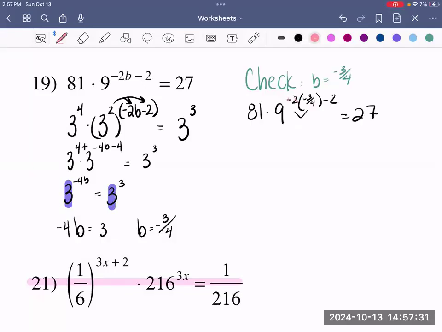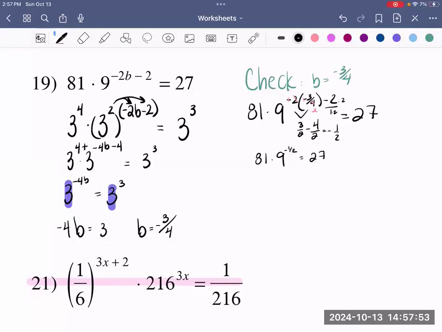Then 2 cancels with the 4 and we're left with a 2 down below. So we have 3 over 2 minus 2, and if we change this into a fraction, minus 4 over 2. So we get negative 1/2 here. So we get 81 times 9 to the negative 1/2 is equal to 27.